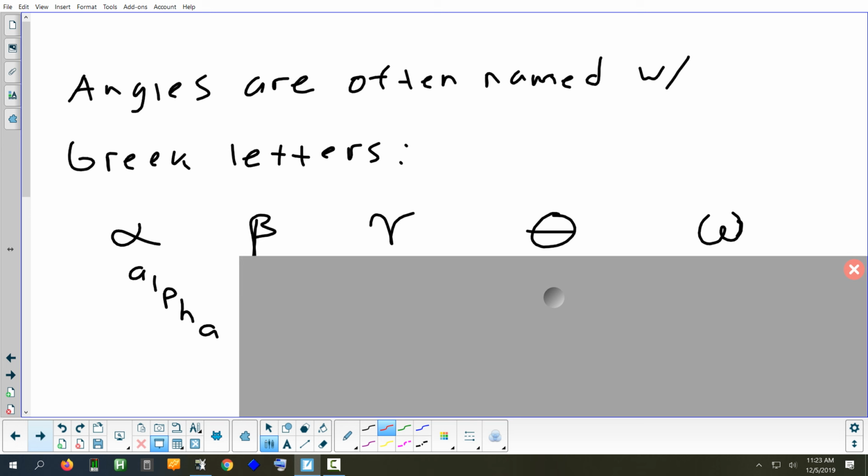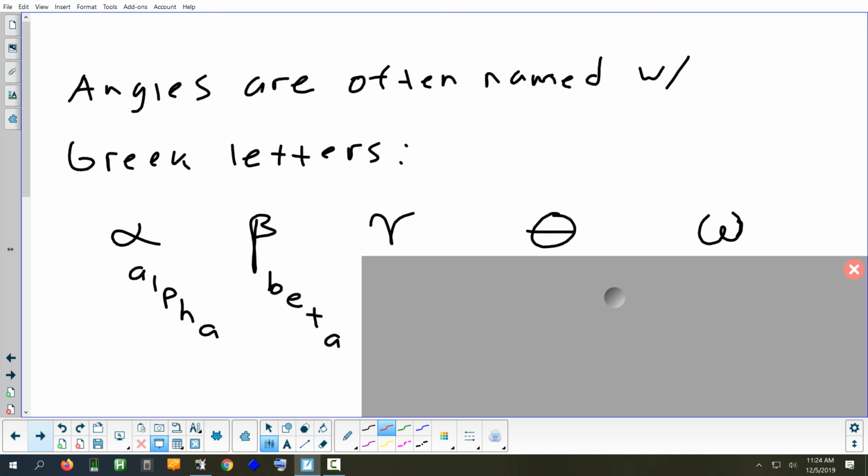How about the second one? Does anyone know that one? Yep, that is beta. It's kind of like a B, but it's a little bit longer on the side. How about the third one? Anyone know that one? Romeo? That's the R, right?